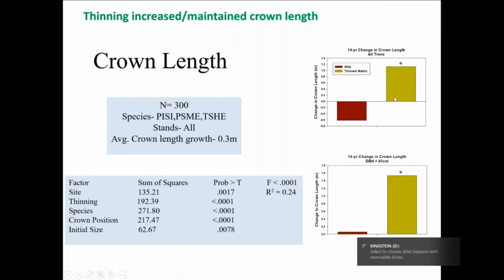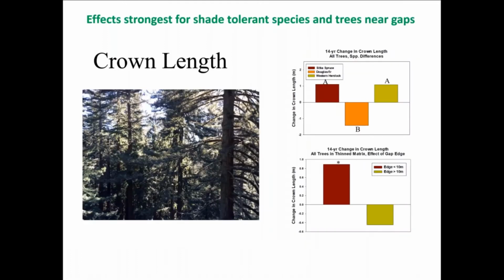Of course, we're not just looking at diameter growth. We're trying to look at a lot of different stand characteristics, and this one is crown length. If we look at the 14-year change in crown length, in the skip the crown length is actually declining because branches are dying, whereas in the thinned matrix you're maintaining the existing crown, and the crown is also increasing as the trees continue to grow in height.